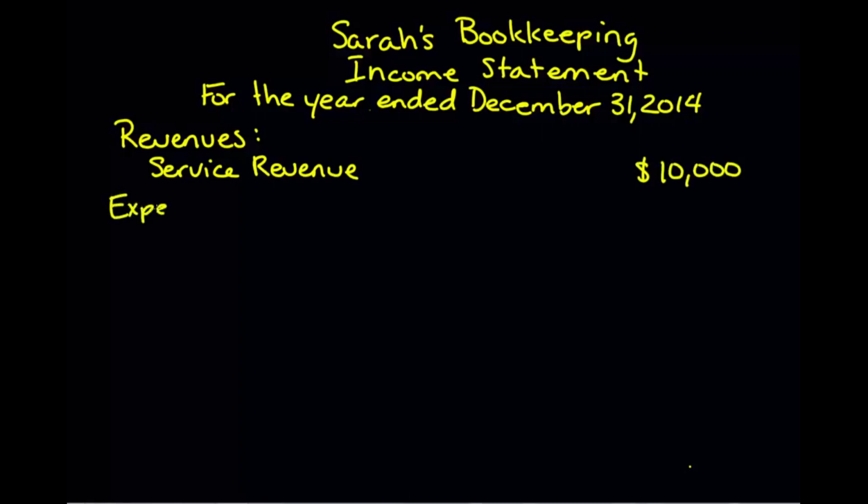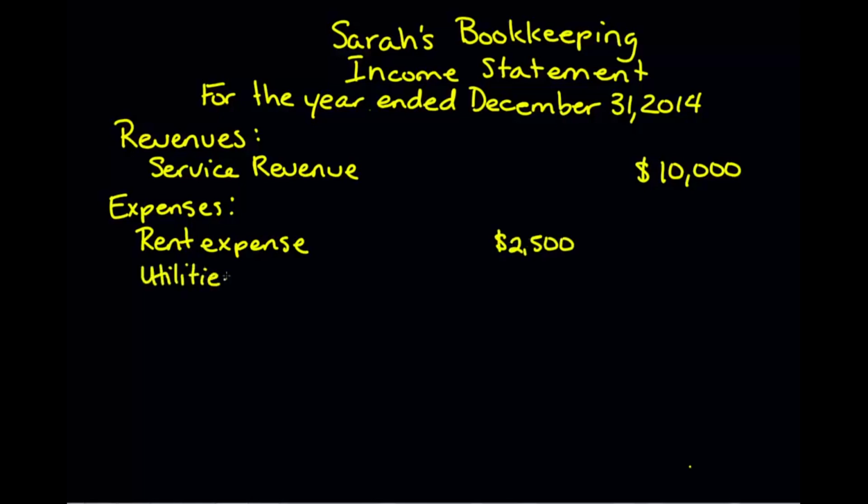The next major category of account on the income statement is expenses. Expenses are things that you have to pay for in the course of doing business. So your rent, your utilities, your phone, if you have to pay employee salaries, all sorts of things like that are expenses. So again, revenues minus expenses gives you net income.